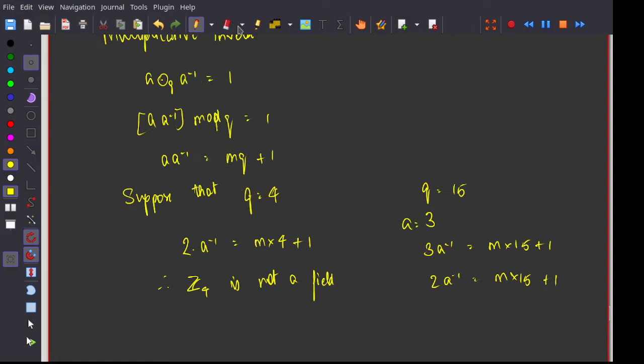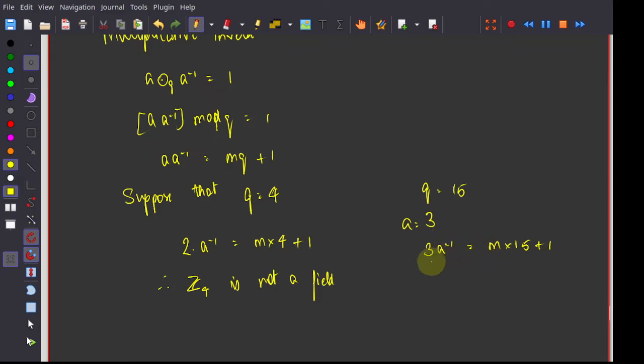I'm choosing this 3 for a specific reason. Why can this not be satisfied? You want an integer.